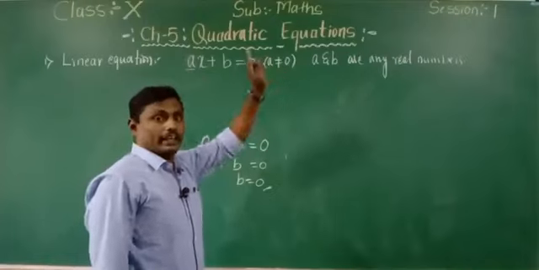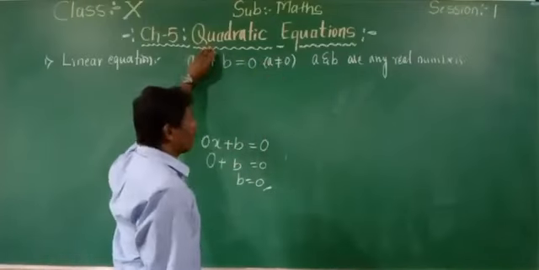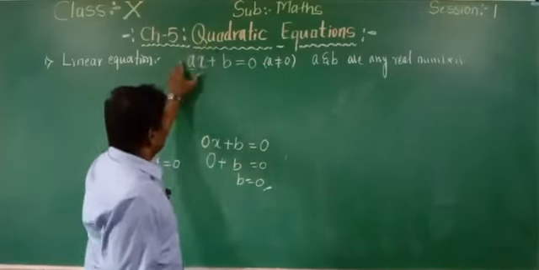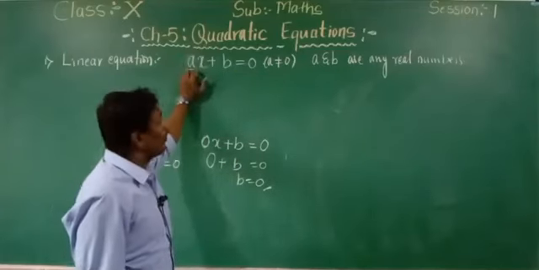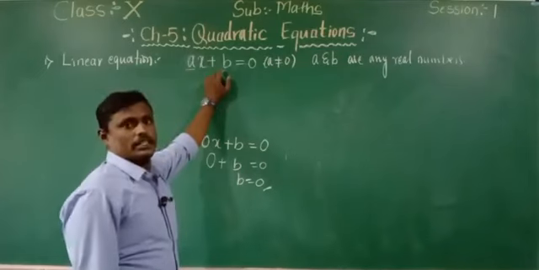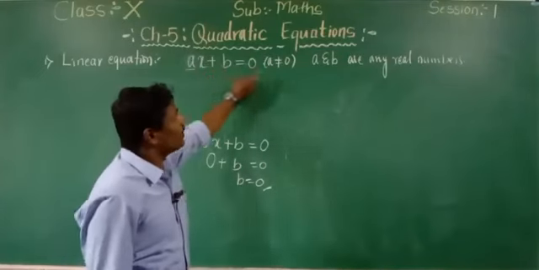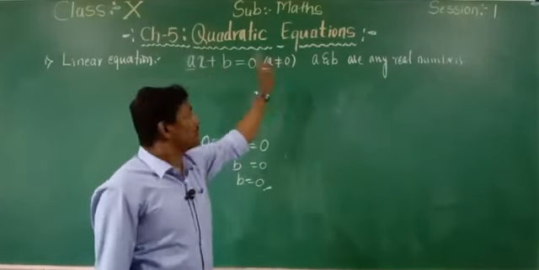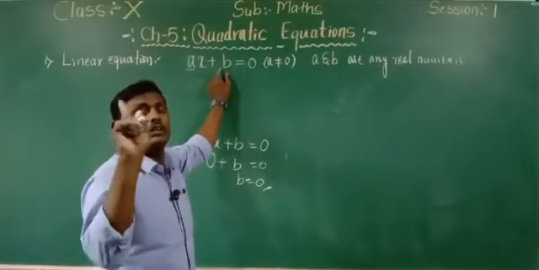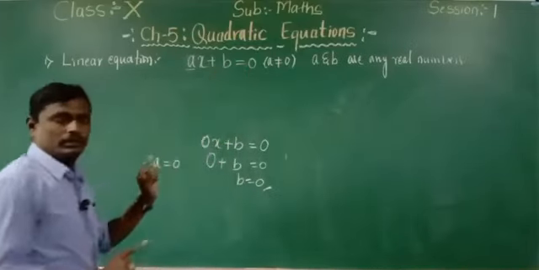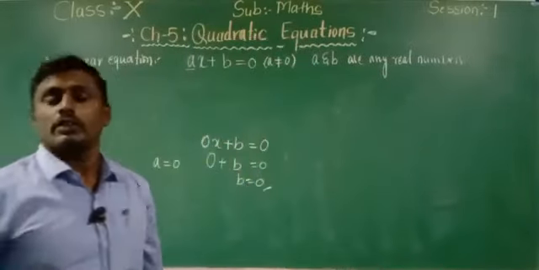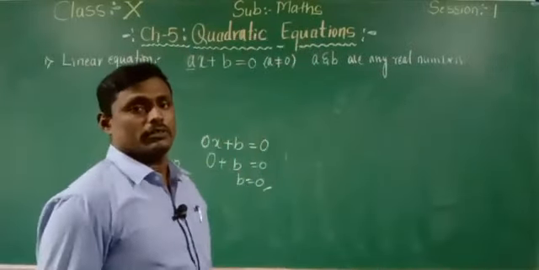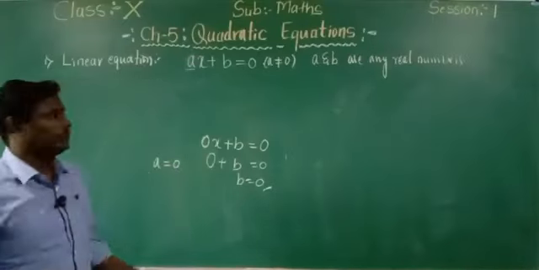If I take a as 0, we are getting only the constant term. So if a becomes 0, we get only constant values, and the power of all constant values is 0 only, okay?